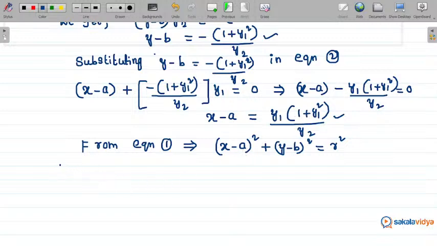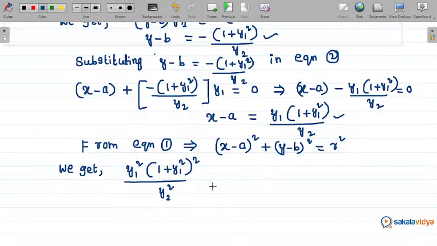Therefore we get y1 square into 1 plus y1 square whole square by y2 square, plus y minus b whole square. y minus b is minus 1 plus y1 square by y2, so we write 1 plus y1 square whole square upon y2 square equal to r square.